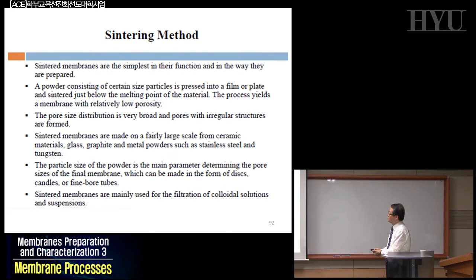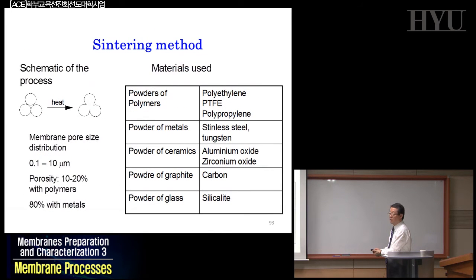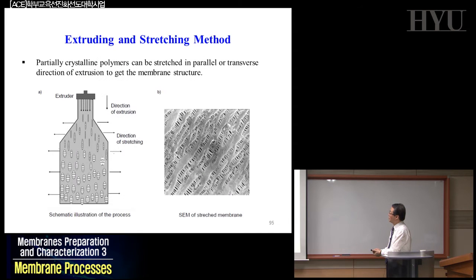I think this picture has already been touched on, so I can go quickly. Now, when you have an extrusion and stretching method, you can have a porous membrane by sintering.